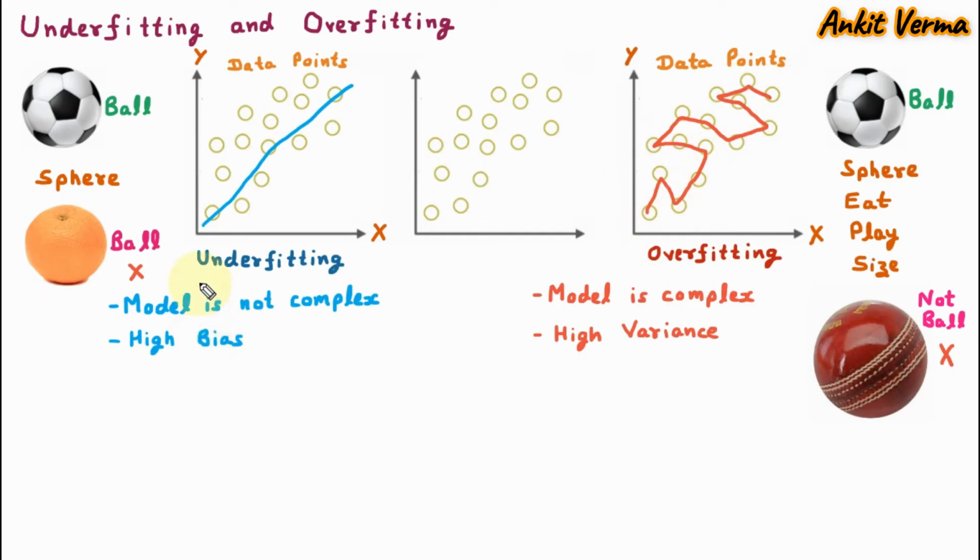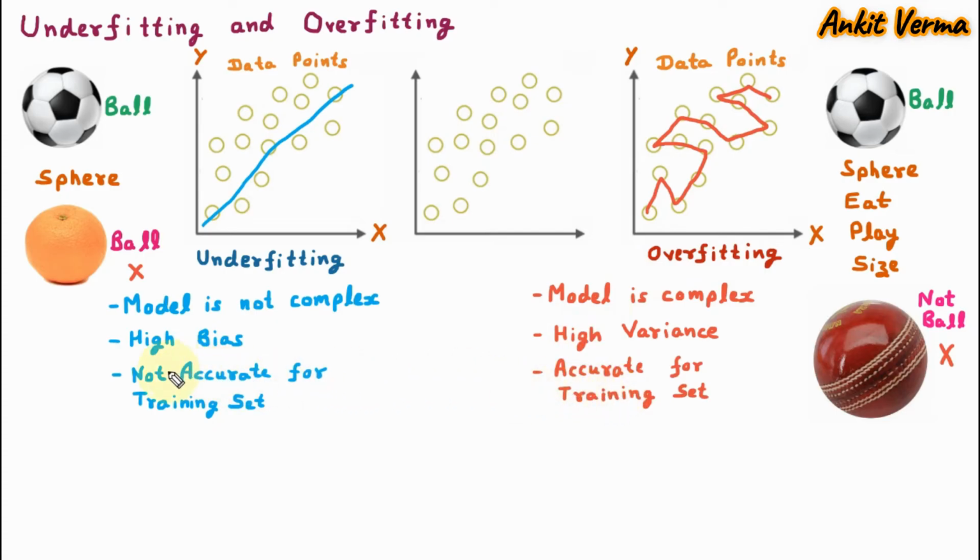Next point is underfitting is not accurate for the training set. On the other side, overfitting is accurate for the training set. Here the meaning is, the first one is not accurate for the training set. In underfitting, we have used only one parameter or attribute for the training.